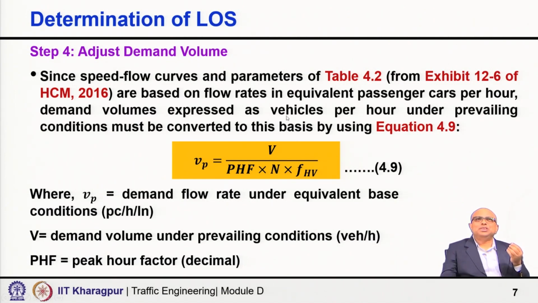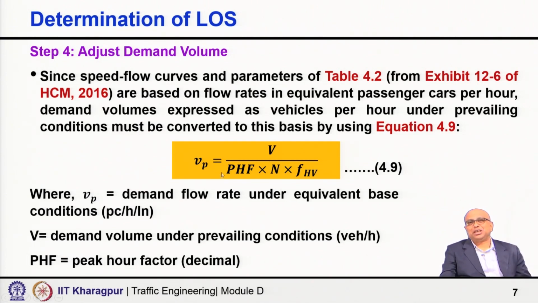So, now we need to adjust this volume, whatever we have got so far, to convert it to equivalent passenger car per hour per lane, and also the capacity is expressed considering the 15-minute flow rate. So, we need to take care of that.